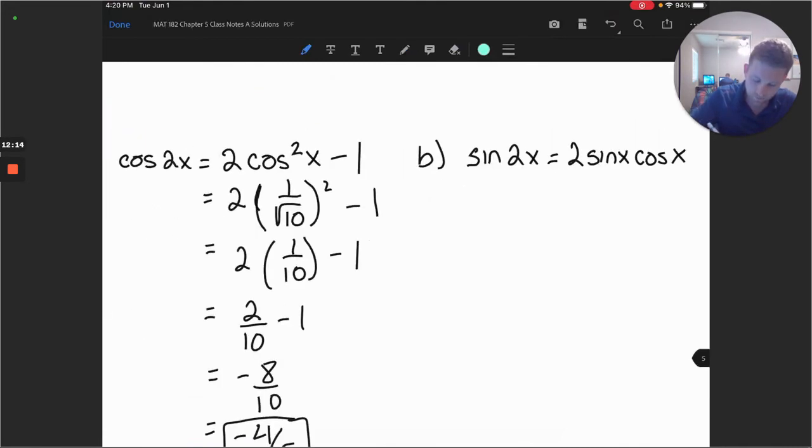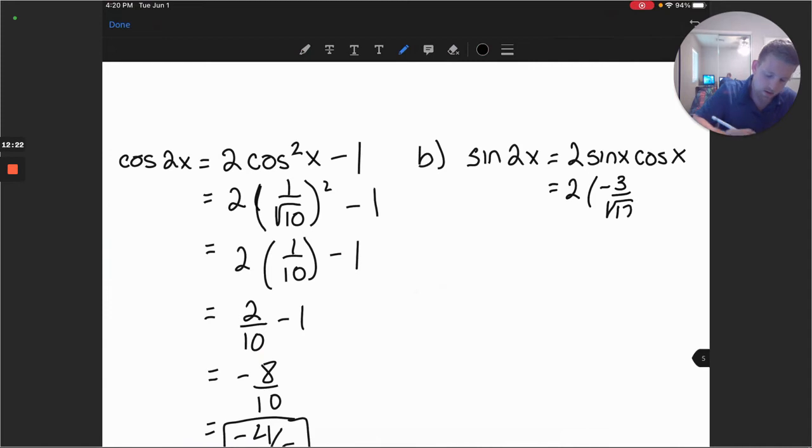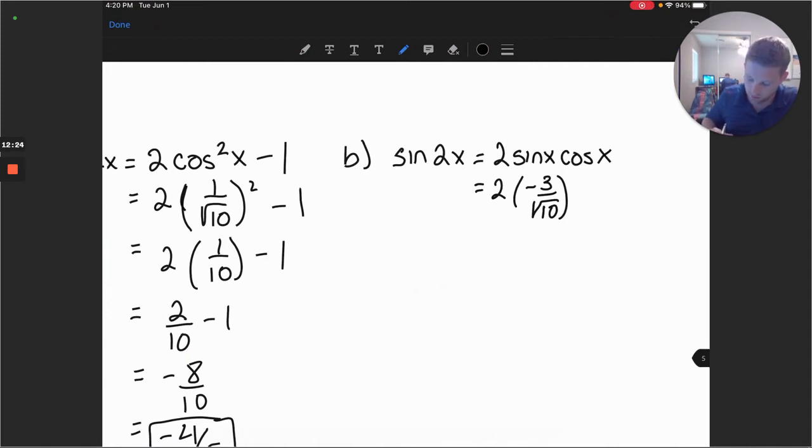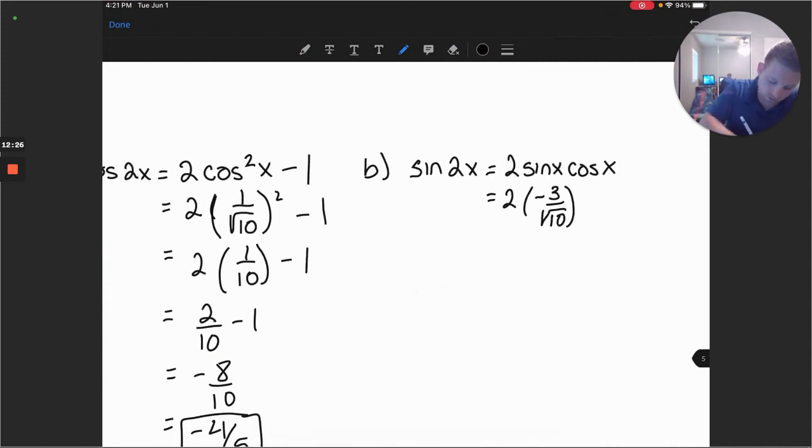So we have the following. This is equal to 2 times negative 3 over the root of 10. And then the cosine we already solved for before was given to us as 1 over the square root of 10.